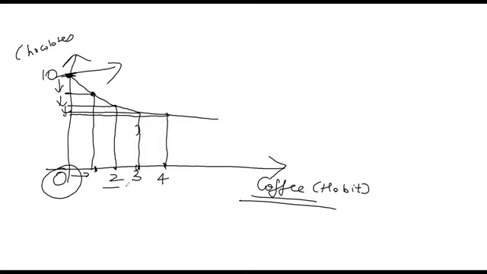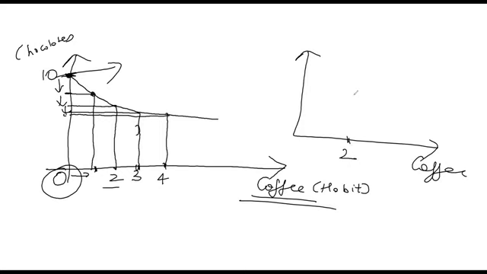Because suppose I say 2 cups of coffee is an addiction for me. Then I will be stuck at only one point. I can't move here. I can't move here. Moving beyond 2 is not going to give me any satisfaction. Before 2, it doesn't make any sense.